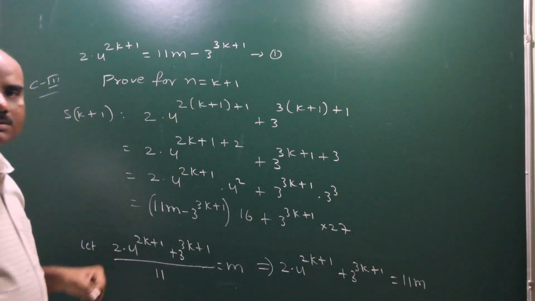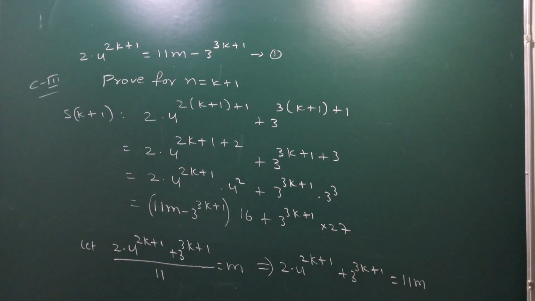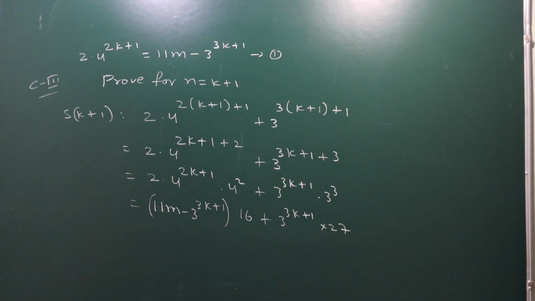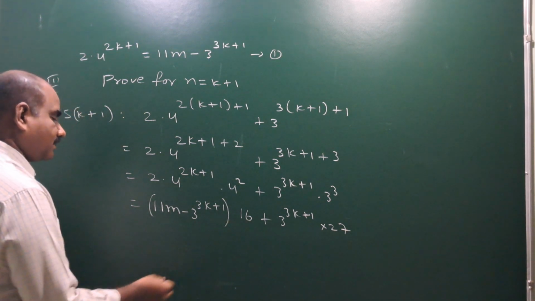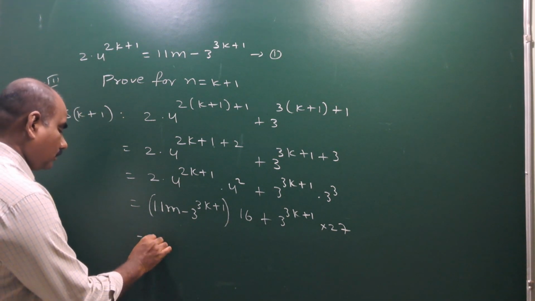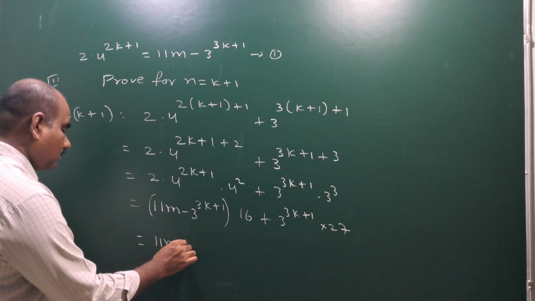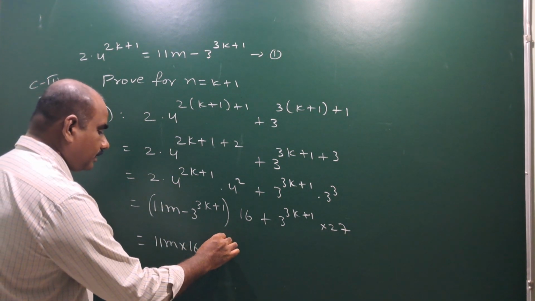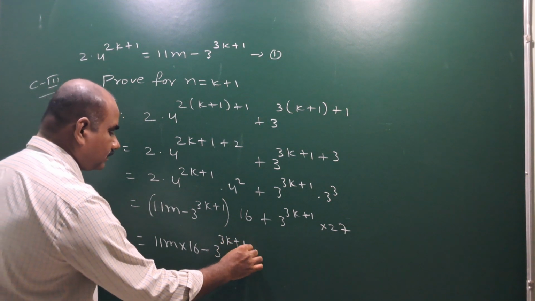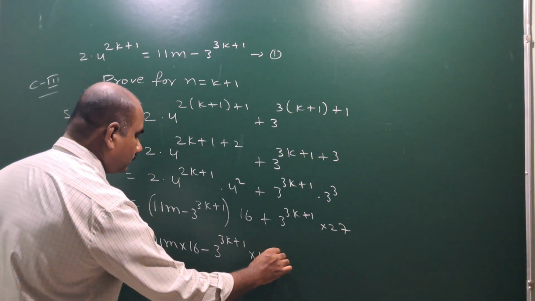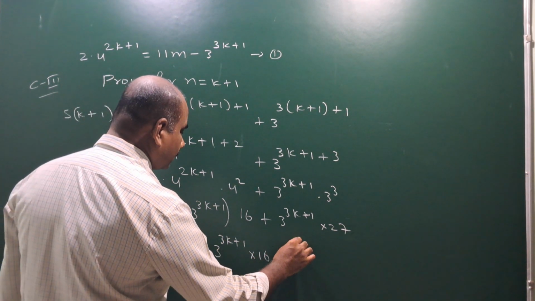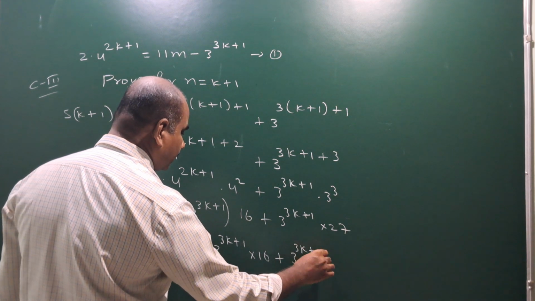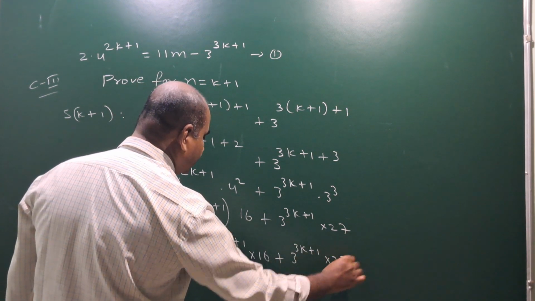Let us see the continuation. Multiply this bracket with 16. We have 11m × 16 − 3^(3k+1) × 16 + 3^(3k+1) × 27.